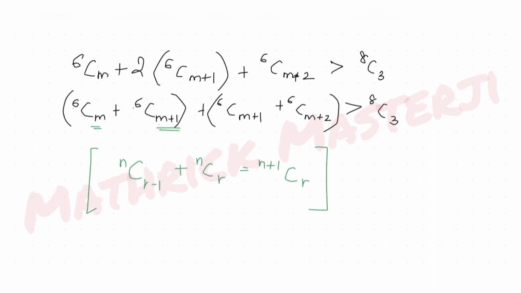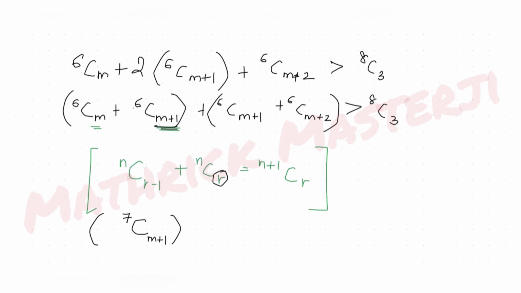So I can use this idea. My answer for the first part becomes C as it is, with r equal to m+1 below, and the top one becomes n+1. If I have both of them the same, it gives me 6+1, which is 7.